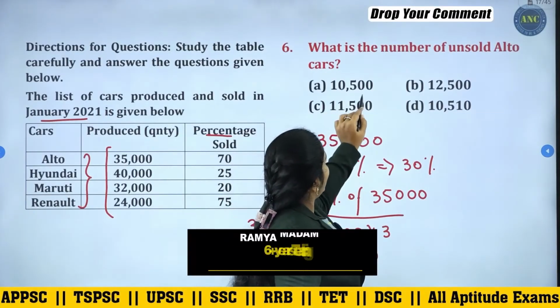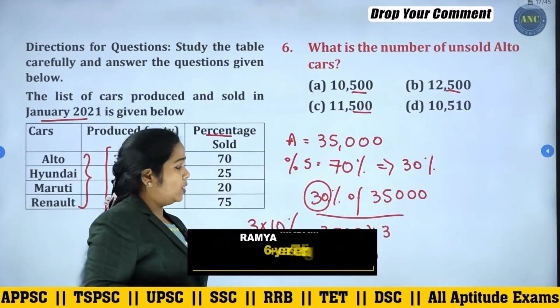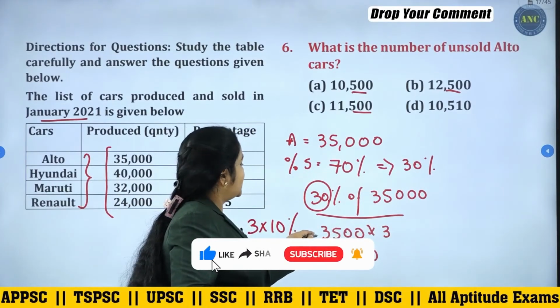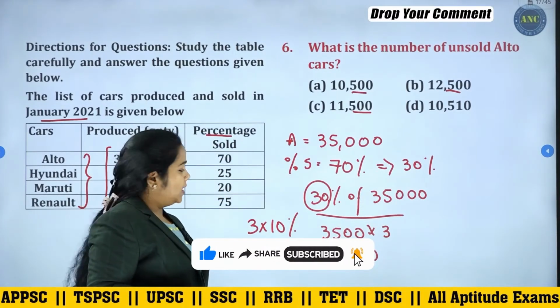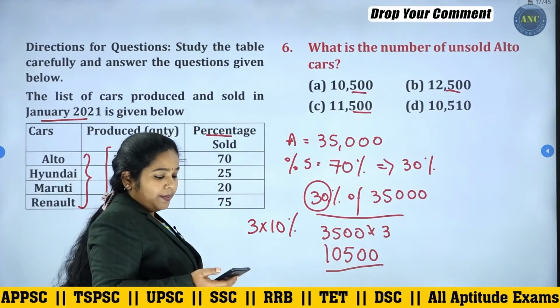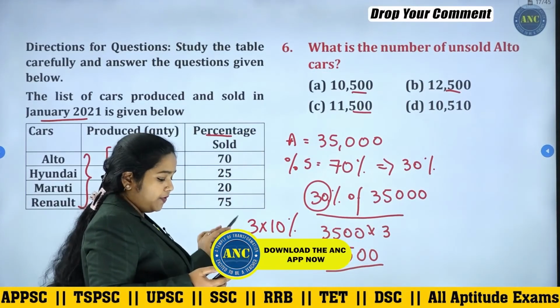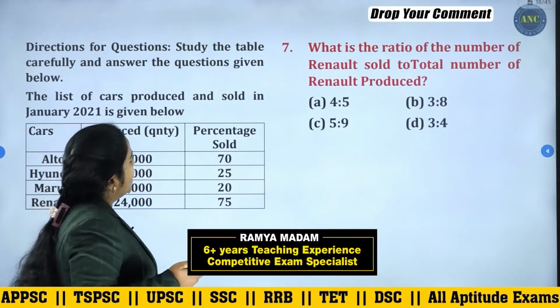Three options are having 500, so we have to check the other number also. 3 5s are 15, 3 3s are 9 and 10. So, it's 10,500. Please let me know if this method of taking percentage is clear.